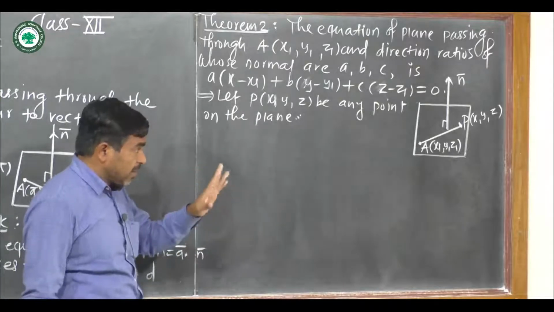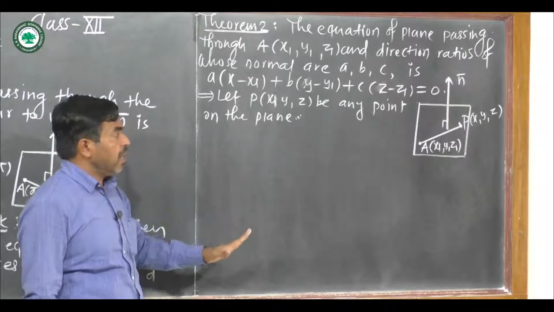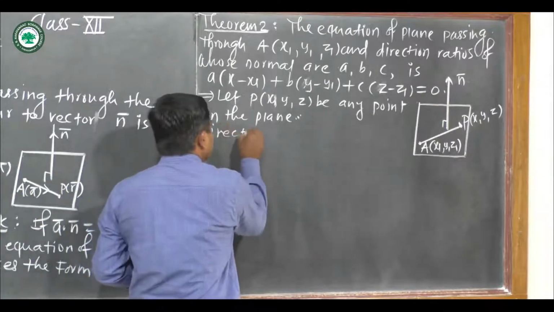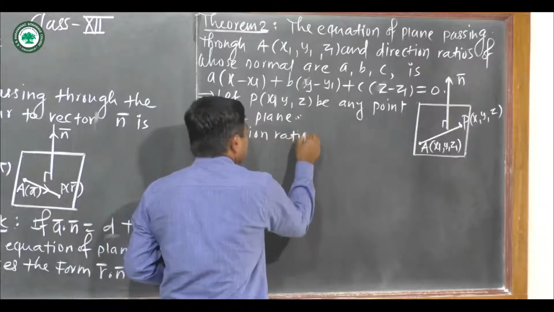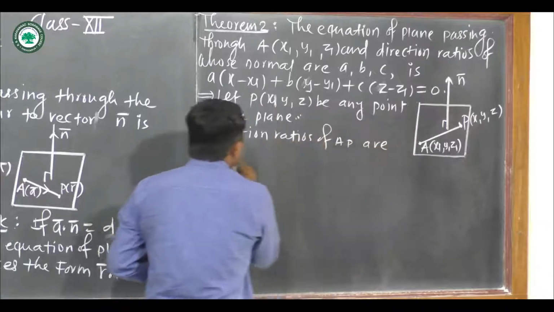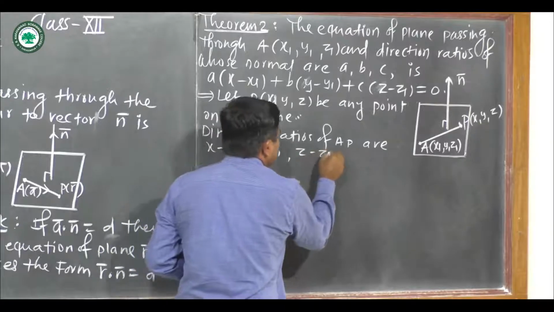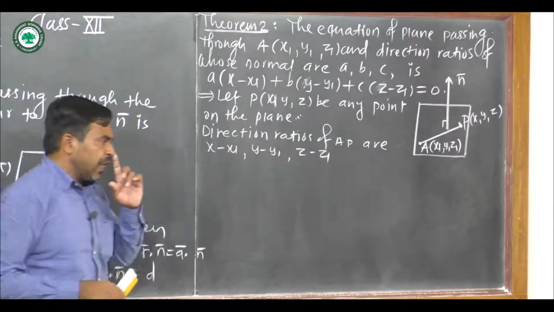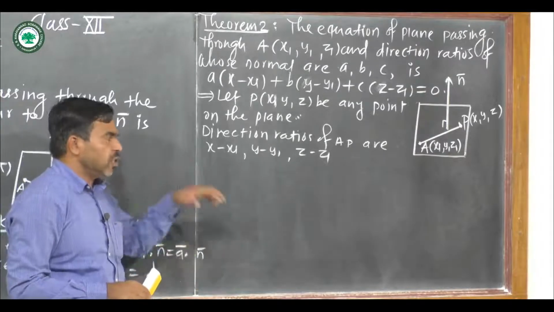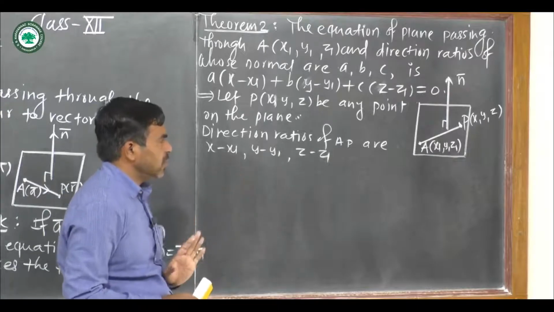Direction ratios of AP are x minus x1, y minus y1, z minus z1, because if the line passes through (x1, y1, z1) and (x2, y2, z2), then the direction ratios of that line are x2 minus x1, y2 minus y1, z2 minus z1.